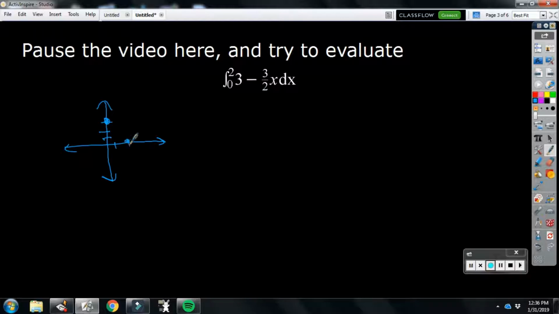Down 3 over 2. And I'm going from 0 to 2. We should notice that that's a triangle with height 3 and base 2. So we just do area equals 1/2 base times height, or 1/2 times 3 times 2, which is 6.